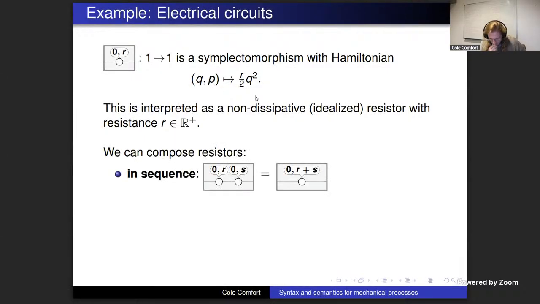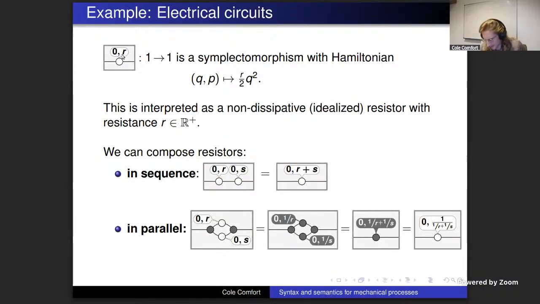So if you do all this business with exponentiating Hamiltonians and so on, then you get that this is a symplectomorphism, which basically just shears the momentum. So if you take 2 resistors and you compose them in parallel, then by using this spider fusion law, which I had in the previous slide, the resistances just sum.